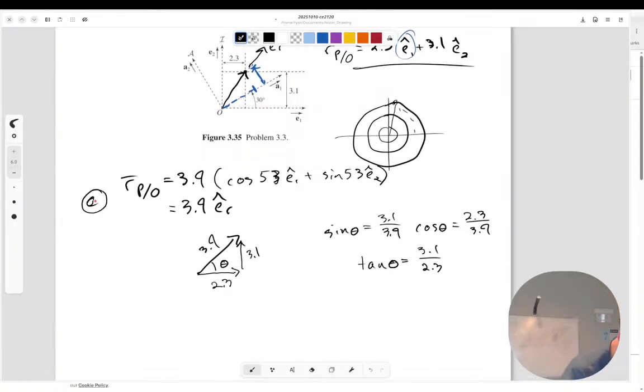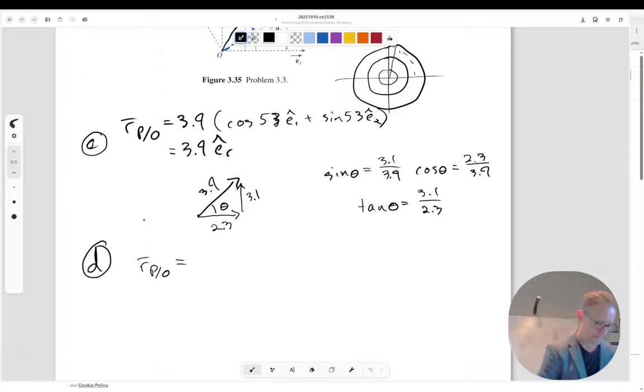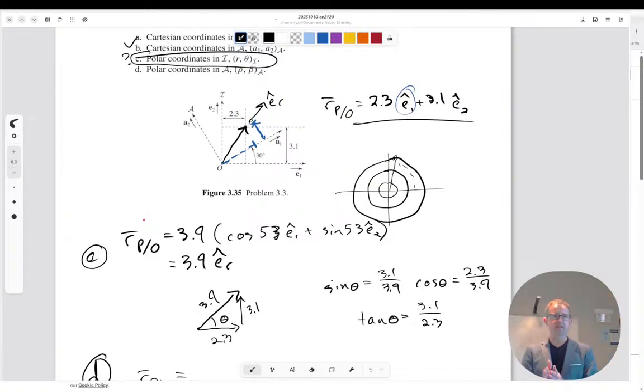What is this, part C? What's the polar coordinates in frame A? It'd be the same thing, but you have a theta of 30 degrees west. Yeah, so it changes our angle 0, pointing in a different direction, but our position is still 3.9 ER. It didn't change, because we didn't change how far away we are. All we did was change what angle.